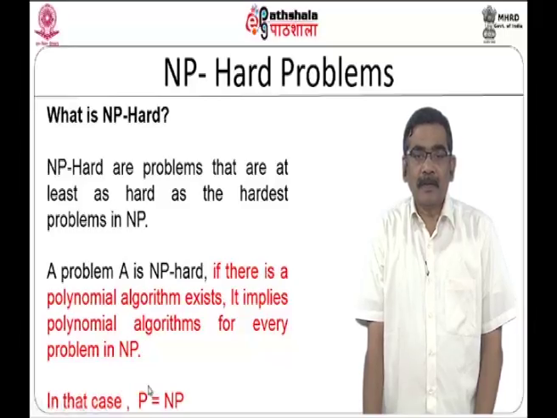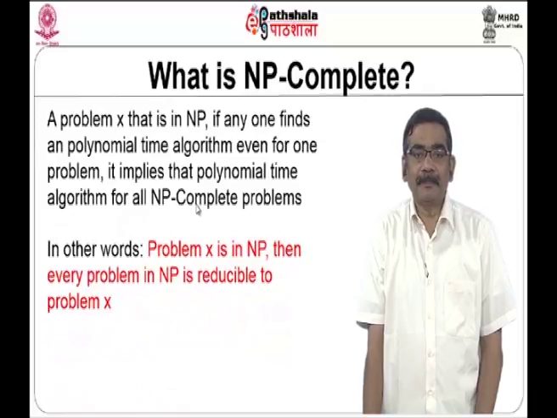If the solution is available, then suddenly all other problems can also be solved by this particular algorithm. So, this says that problem A is as hard as another problem B. In other words, these problems are at least as hard as any other problems. So, these problems are called NP-hard problems.